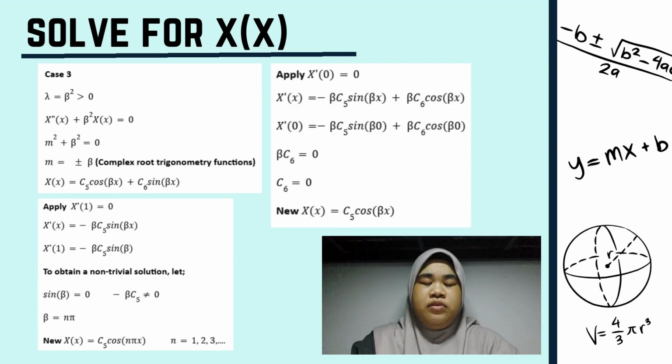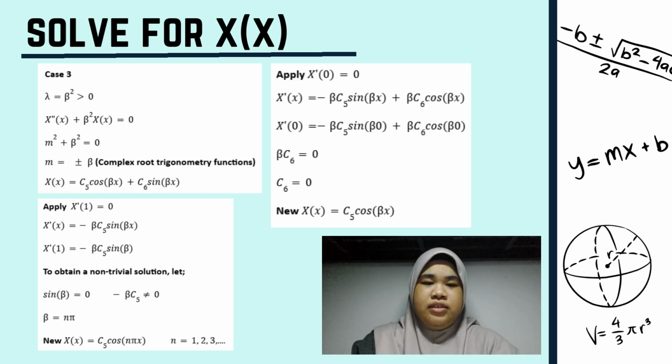And same with the steps in case 1 and case 2, we apply our boundary conditions. For our first boundary condition, X prime 0 equal to 0, and with that we got our new X(s) is c5 cos beta x. Then our other boundary condition is X prime 1 equal to 0. After that, we got X prime 1 equal to negative beta c5 sin beta.